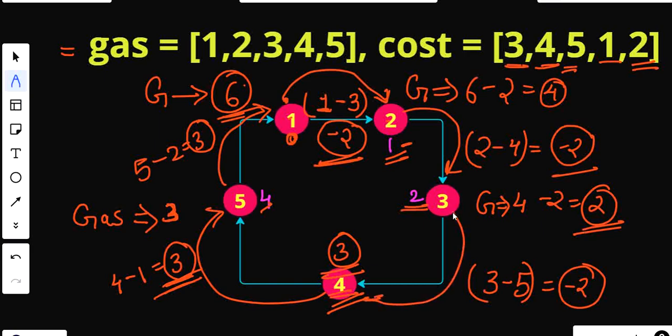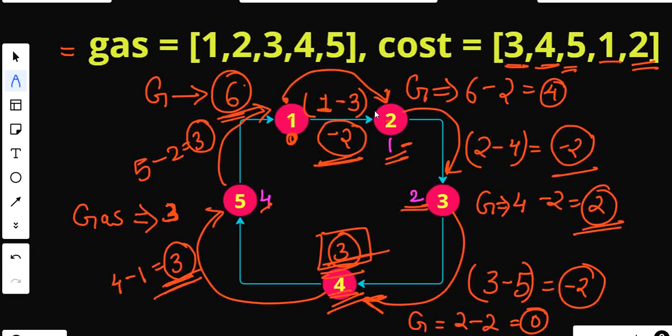So I will come up to this place from where I started my traversal, and at this place the status of my gas tank will become 2 minus 2, which is 0. Fine. So I started from third index, and I was able to traverse this whole circuit and get back to this place, and my gas tank will become 0.